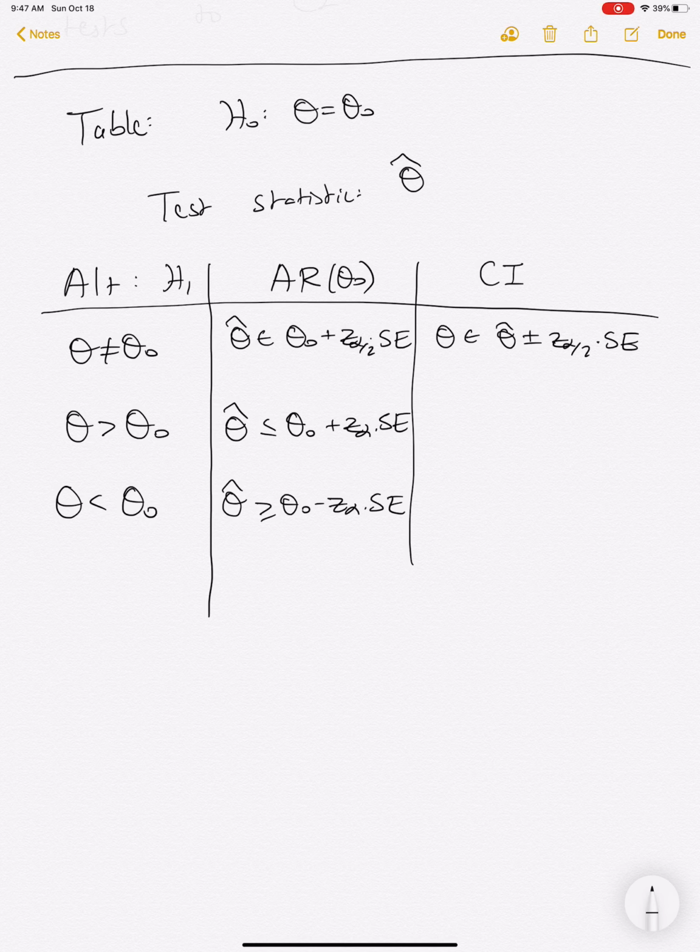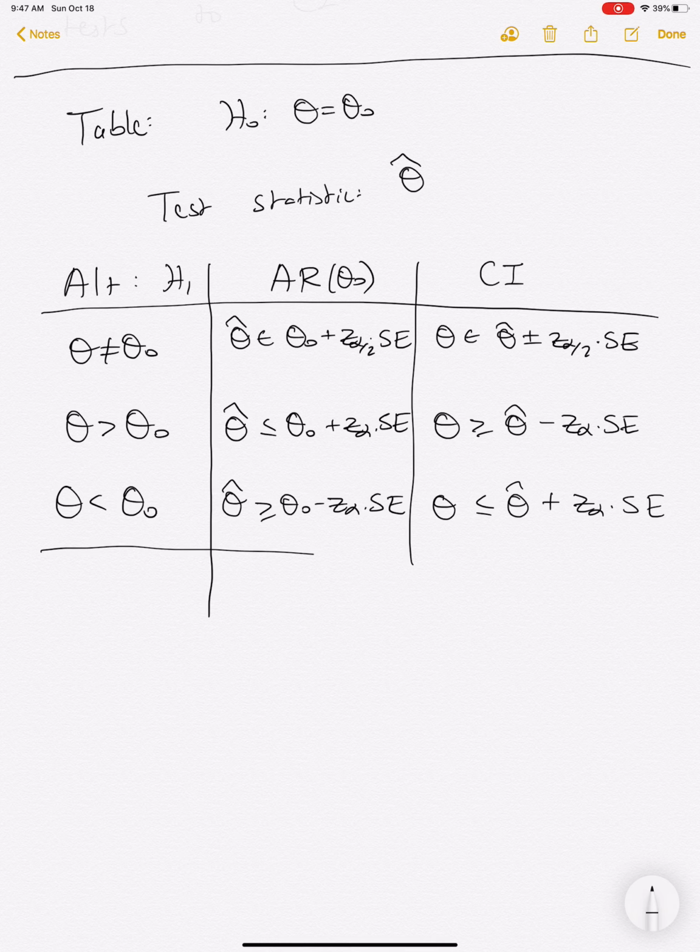The standard error gives you the width of this confidence interval. So this is just a summary of what we've just seen.